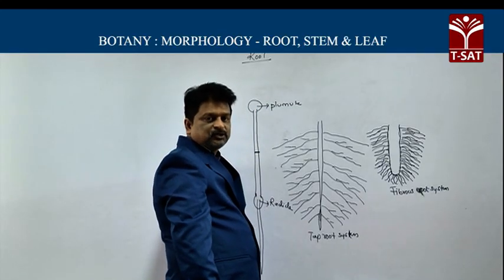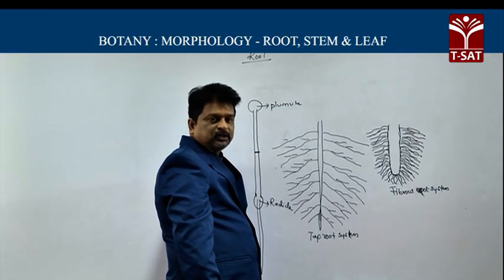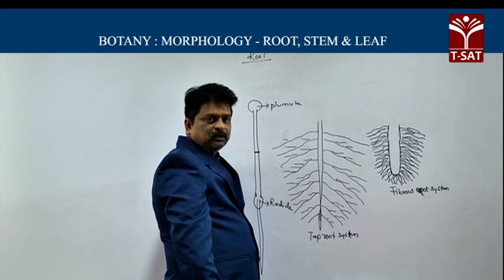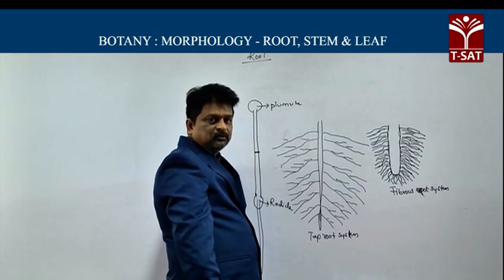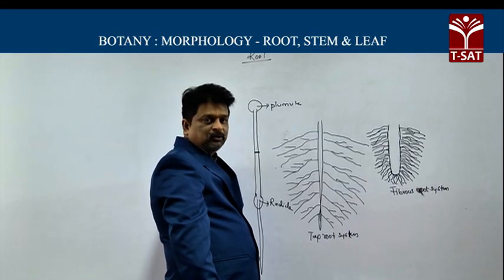So the fibrous root system is nothing but adventitious, and these adventitious roots are generally found in monocots and also in some dicots.